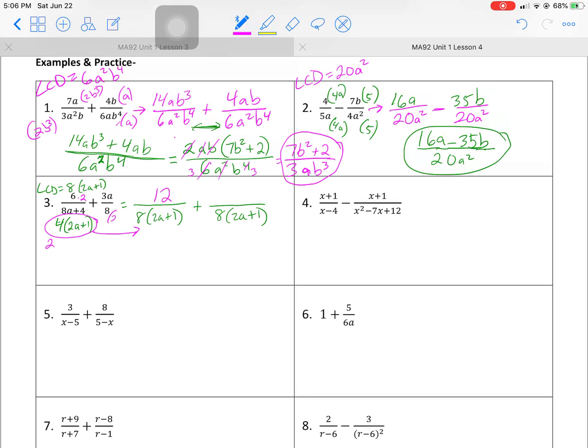But this got multiplied by a 2a plus 1, so this needs to multiply by 2a plus 1. So 3a(2a plus 1). We'll have to distribute that in a second here. So this is all going to be over 8(2a plus 1). So we have a 12 plus, let's go ahead and distribute this. This is 6a squared plus 3a.